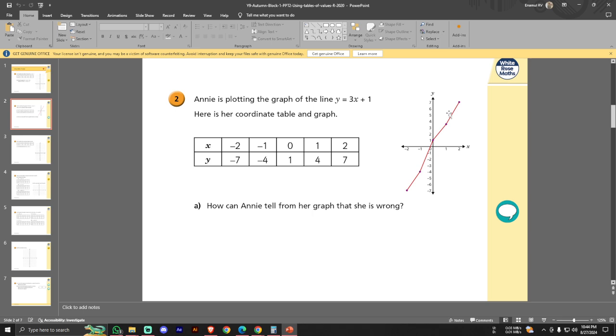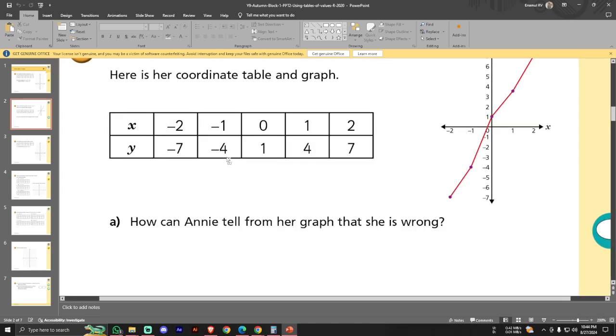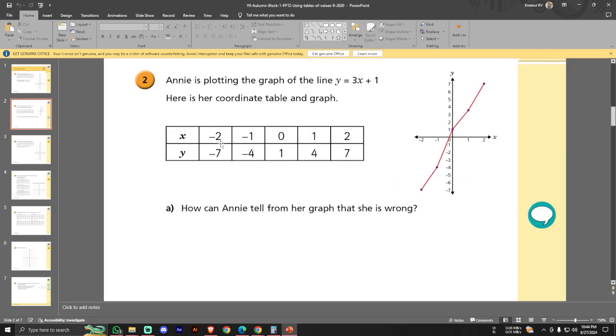Here, -2 times 3 equals -6. And -6 plus 1 equals -5, not -7. Okay, this is the problem, right? Yes.